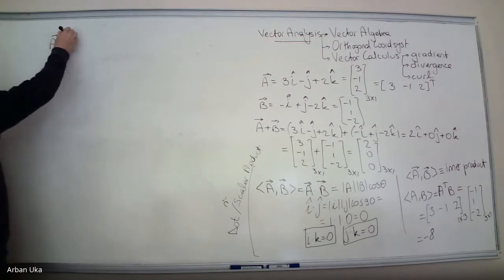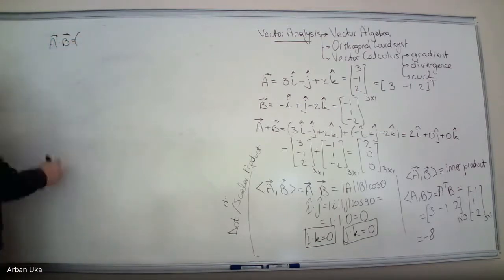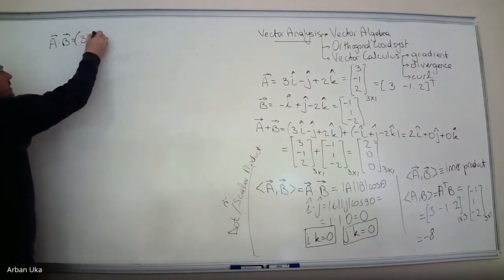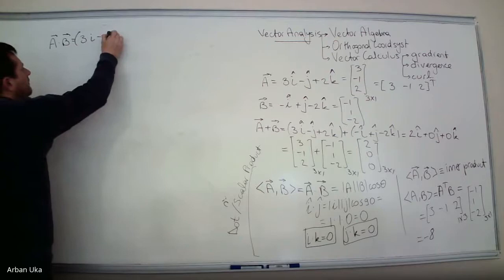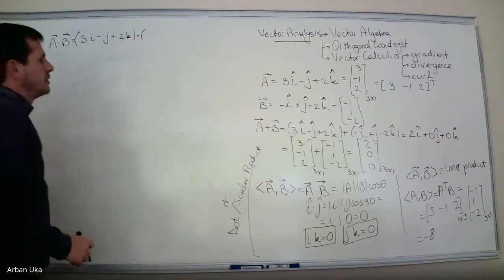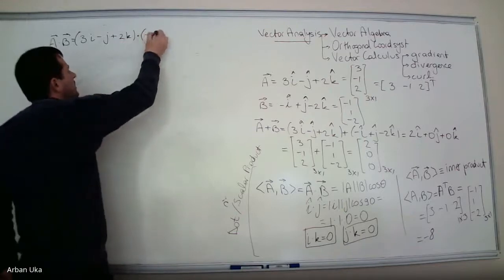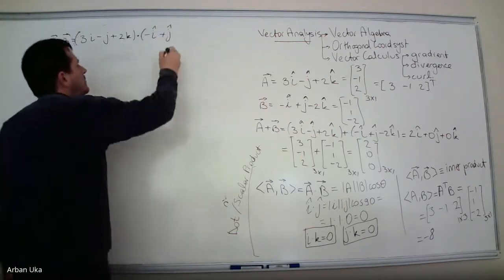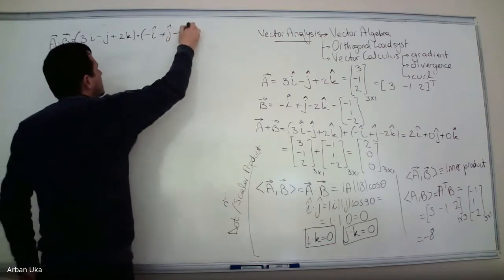A dot product B can be written as A, which is 3i minus j plus 2k, dot product with minus i plus j minus 2k.